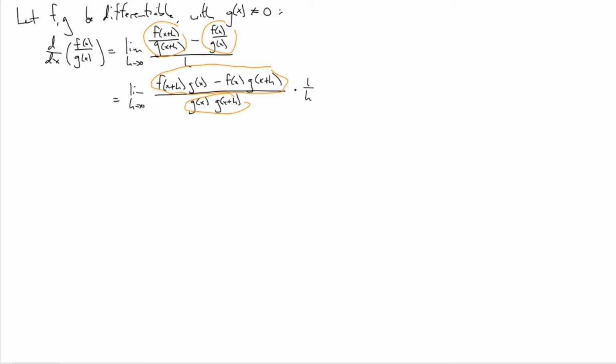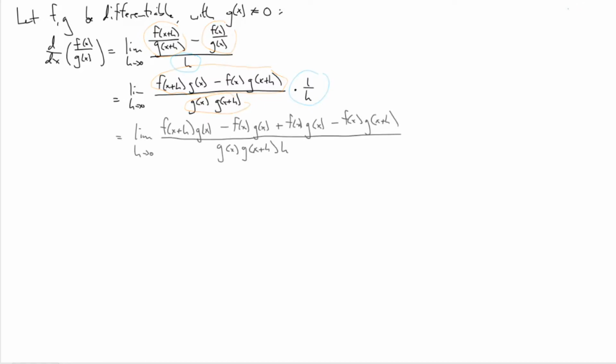And then the last thing I did was I said dividing by h here is the same thing as multiplying by 1 over h. Rather than having fractions on top of fractions, we may as well look at it like this. And then I used essentially the same trick that we did when we developed the product rule. I added 0 in the middle.